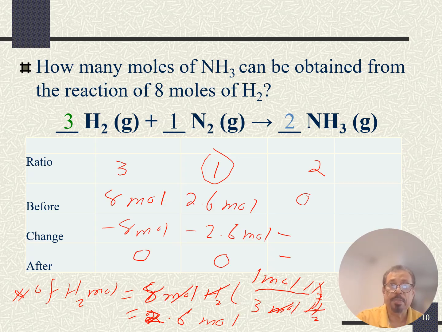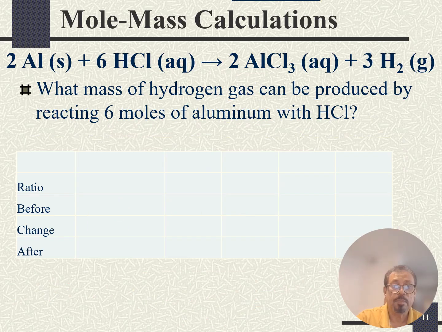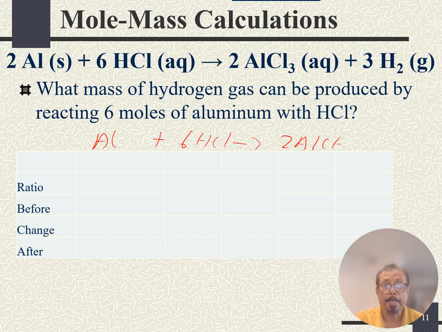Let's see another example. So we have here aluminum, Al, reacting with hydrochloric acid, 6HCl. It gives aluminum chloride, AlCl3, plus 3H2.